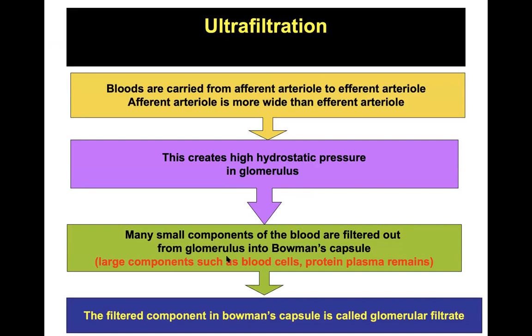But for example, blood cells and plasma proteins will remain in the glomerulus because they are large in size. So they will not be filtered out. Instead, they will remain in the glomerulus. And once the small components are filtered from the glomerulus to the Bowman capsule, we can call them glomerular filtrate.